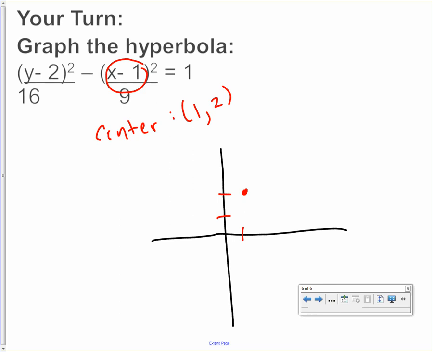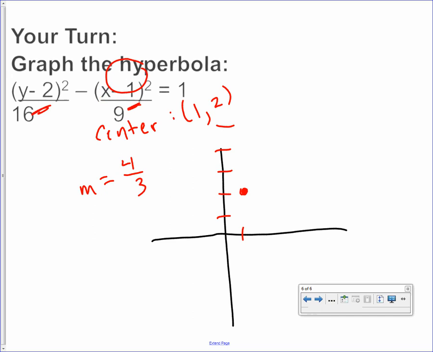Now I want my slope for the asymptotes, and it's rise over run. Rise is in the y direction, so the rise is 4. The run is in the x direction. So from this center point, I'm going to go up 4 over 3. I can tell I need to extend my graph.